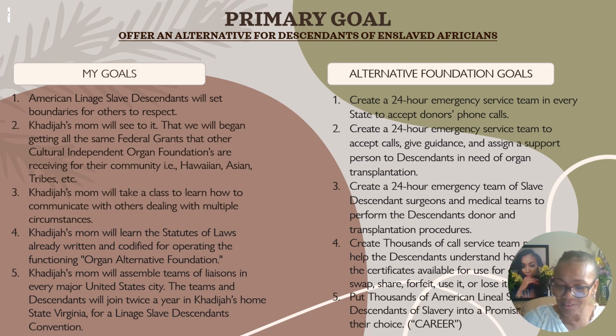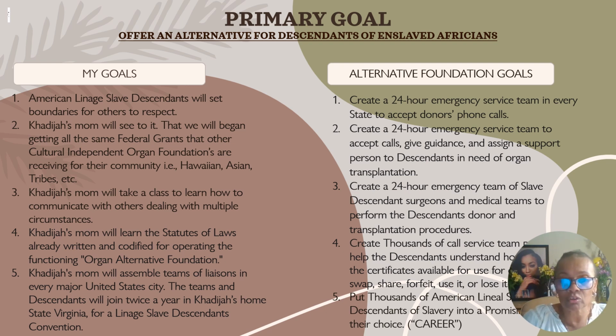I can't read it, but there's an insurance policy for slave descendants that will be a swap, share, forfeited, use it or lose it, right? So what you do is you're going to call in, or if you already got an insurance, you're going to already have the insurance. But whenever you need to go to the doctors or something, you call into the service team and you make an appointment.